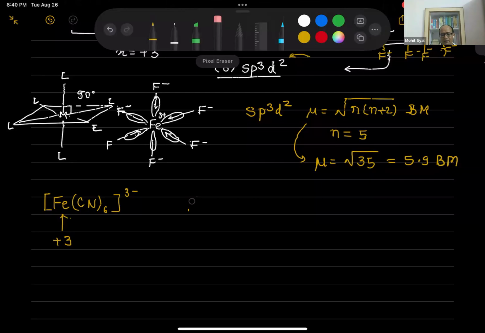The electronic configuration of Fe3 plus: iron is the 26th element, 2 and 6 as I told you. Plus 3 means I need to remove 3 electrons, 2 electrons from the 4s and 1 electron from the d.